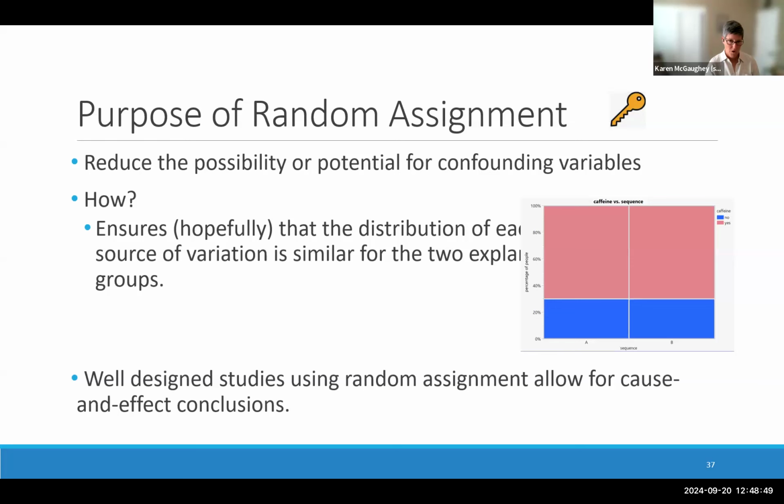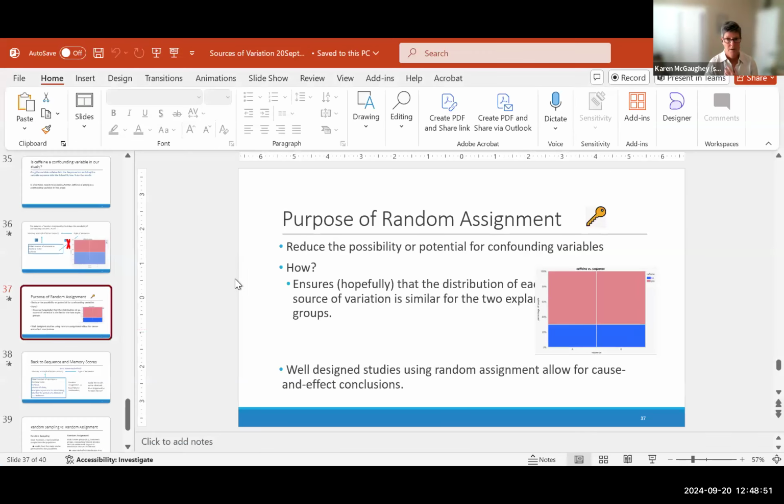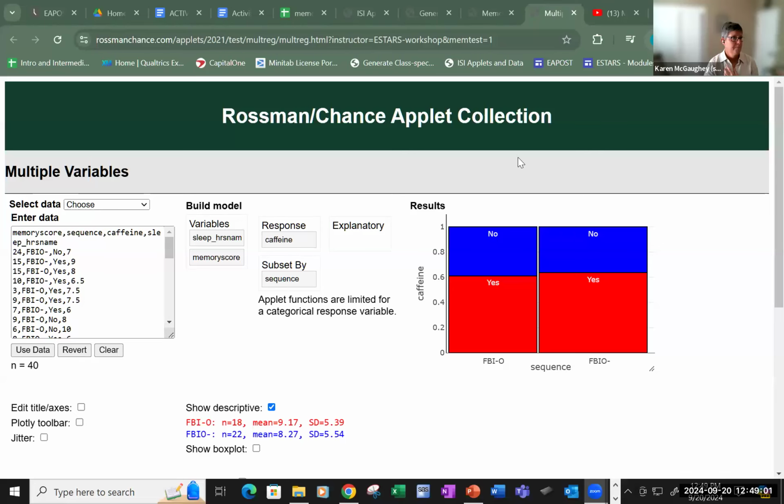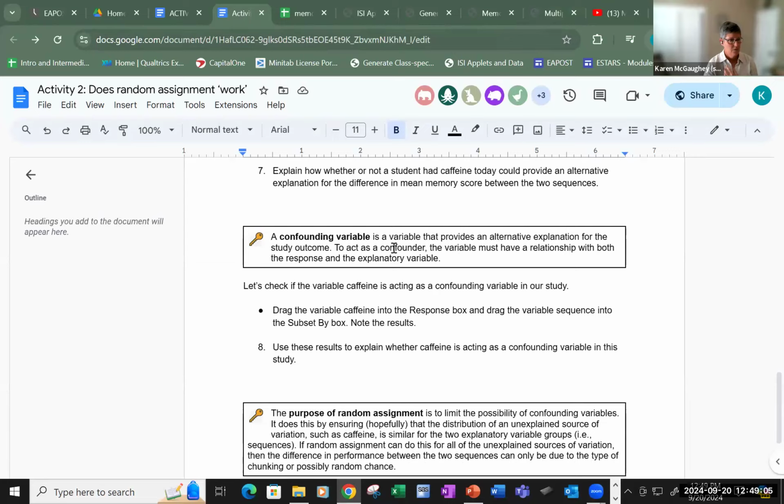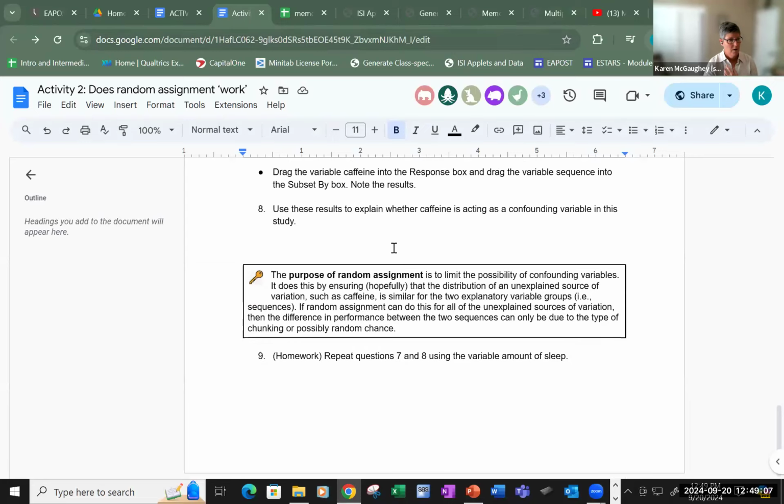Before I go on, let me bring you back over here to the activity. The last question here, because you're probably thinking, well, what about sleep?